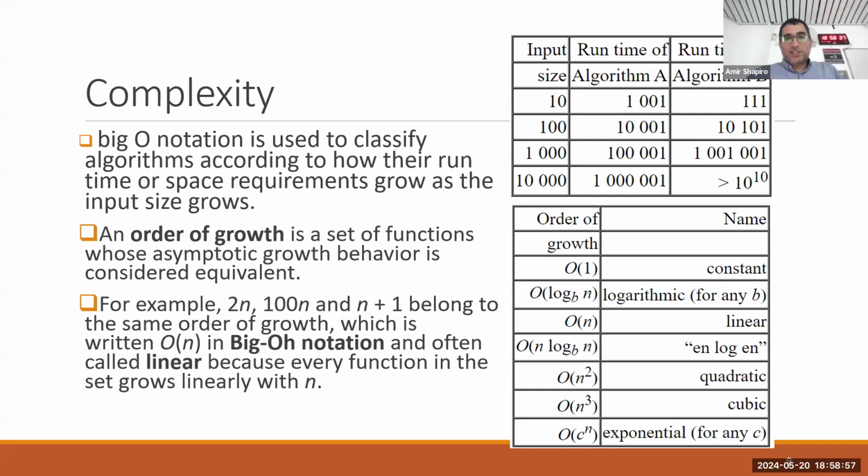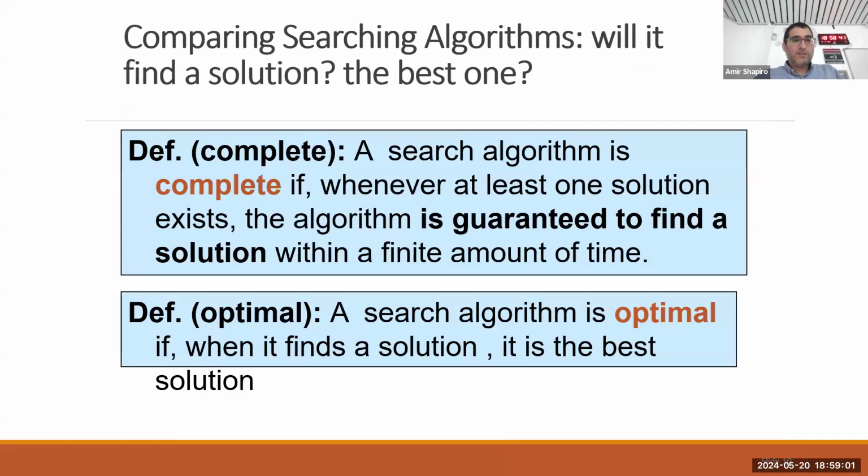All right. So now, how do we compare searching algorithms? Will it find the solution? Will it find the best solution? So first, we define what is a complete search algorithm.